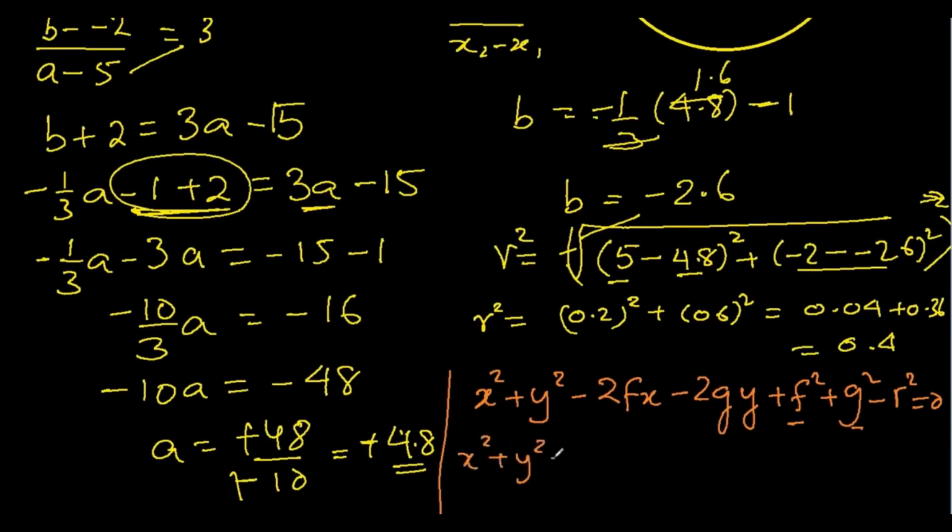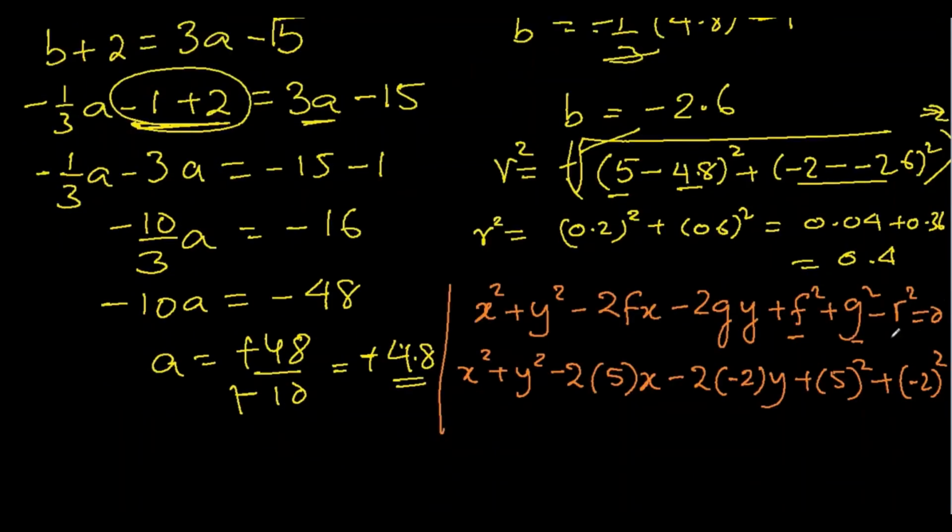x square plus y square minus 2 times 5x minus 2 times minus 2y plus 5 square plus minus 2 square and plus r square. No need to square it because we got 0.4 for r square. It is minus r square, right? So we have to write minus here, equal to 0.